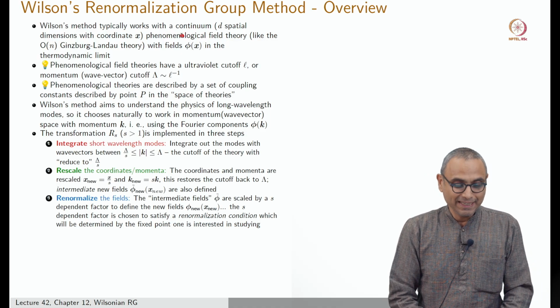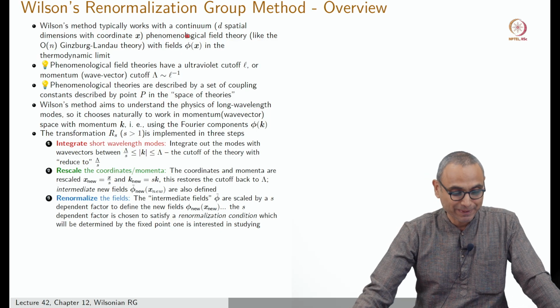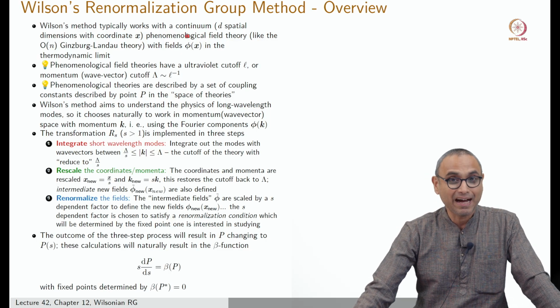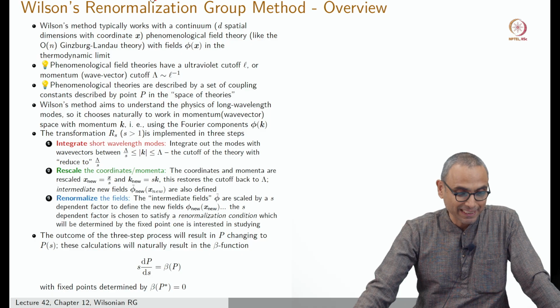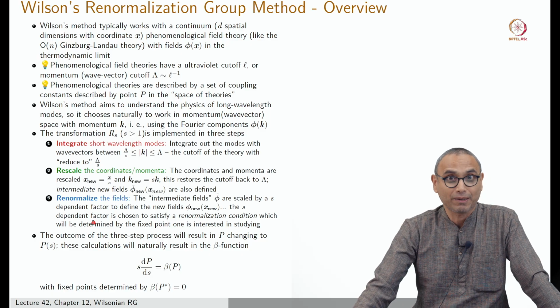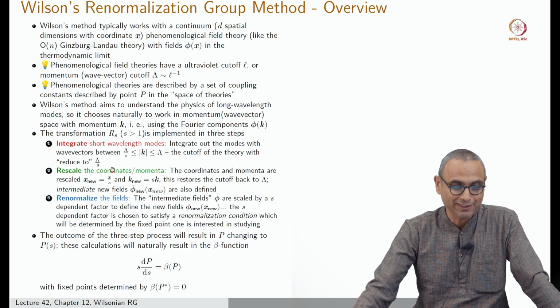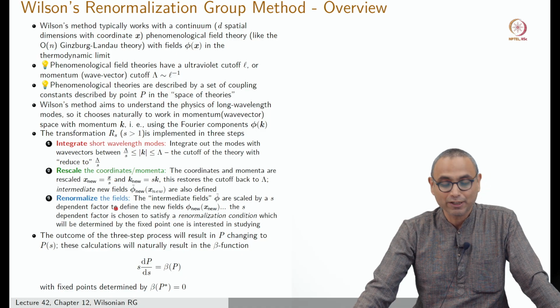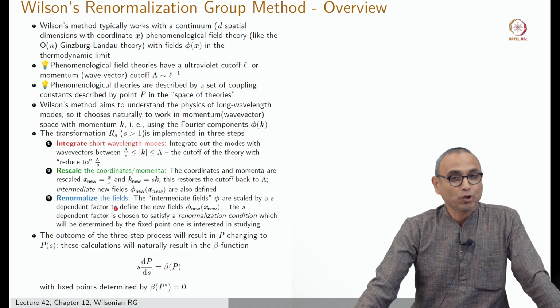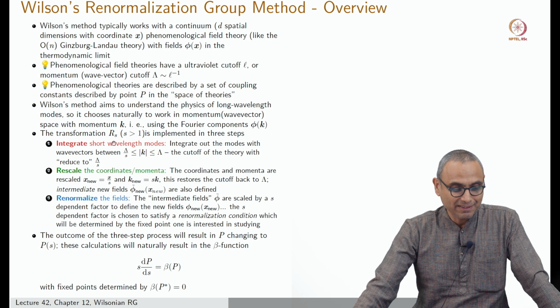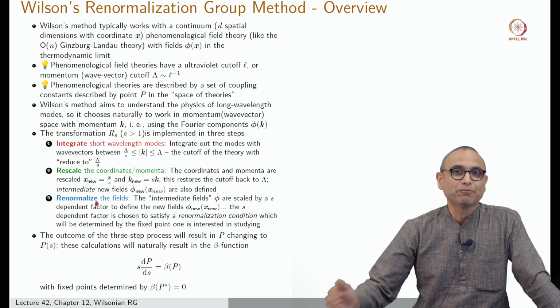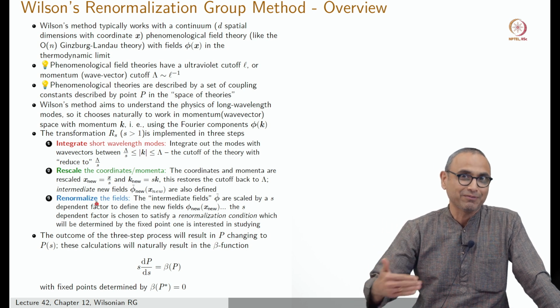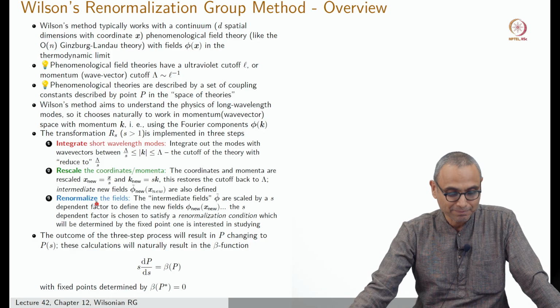So these are the 3 steps, and I will be the first to admit that if you are seeing this for the first time, it looks a little bizarre, all this integrate, rescale and renormalize. So let us familiarize ourselves with these terms, and then we will look at examples and see what they are doing.